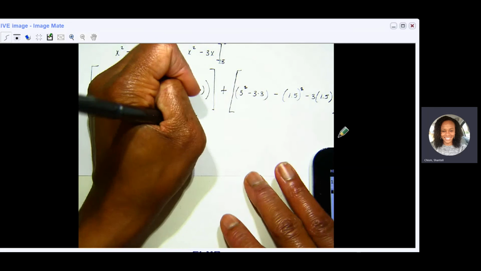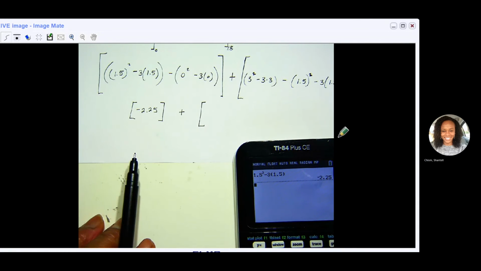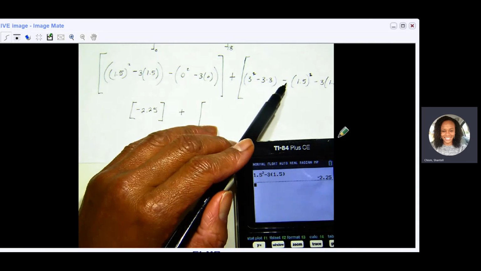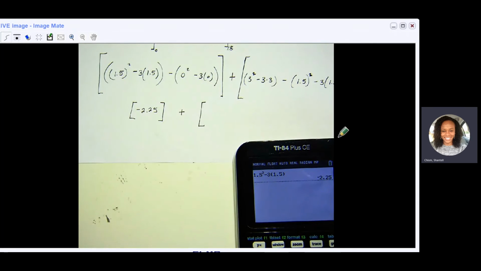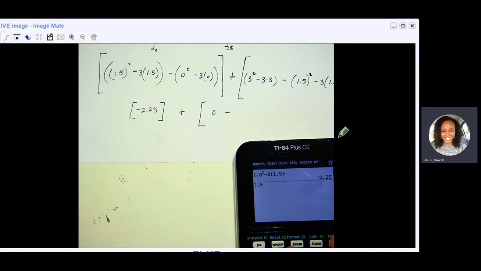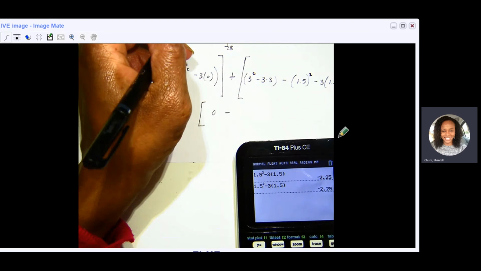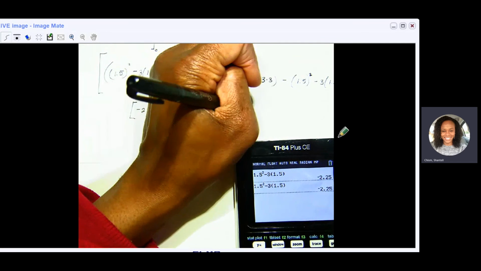And then plus over here, we got 9 minus 9 basically, so this is 0, and then minus 1.5 squared minus 3 times 1.5. We get a negative 2.25.